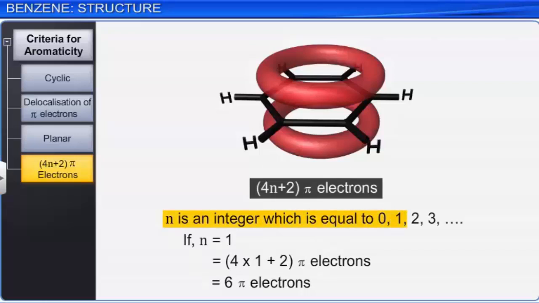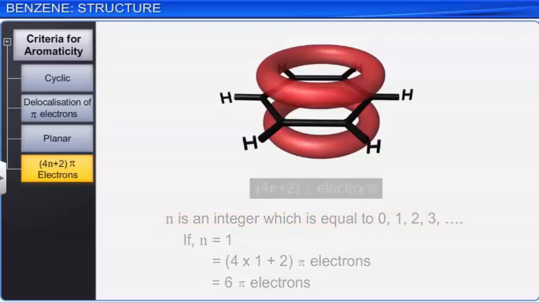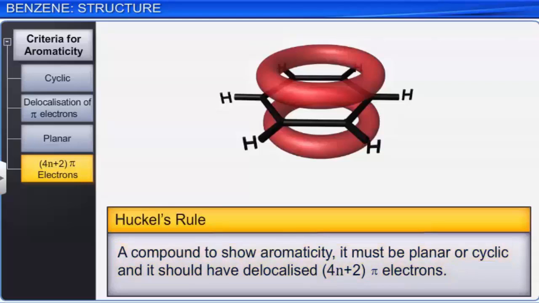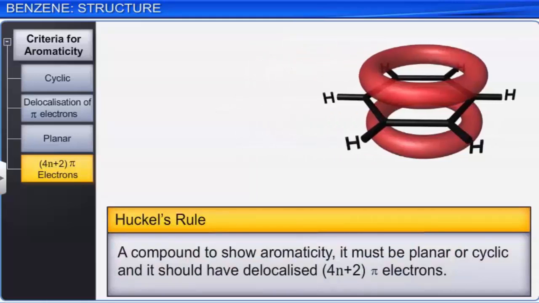This means, for a compound to show aromaticity, it must be planar or cyclic, and it should have delocalized 4n+2 pi electrons. This is known as Hückel's rule. Thus, according to Hückel's rule, the aromatic compounds should have a delocalized electron cloud of pi electrons, such as 2, 6, 10, 14 electrons.